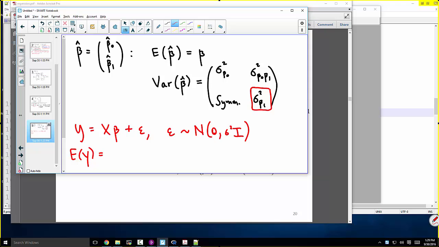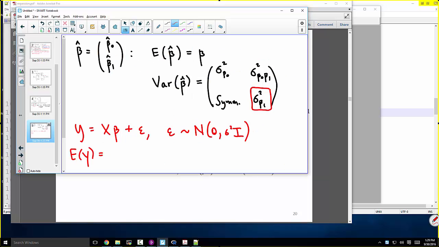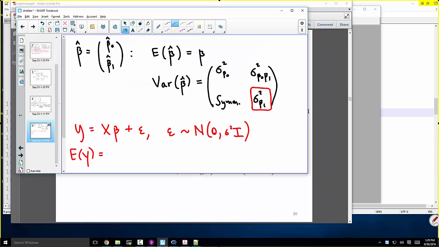what am I doing here? I want expected value of beta hat. Expected value of y is just x beta, because the epsilons have mean 0.